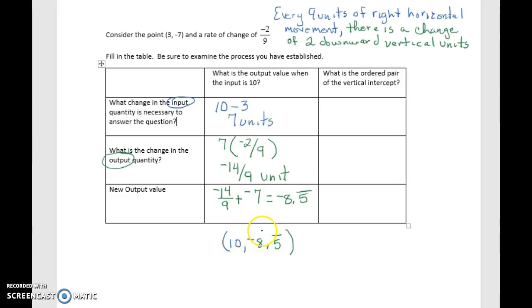If it helps, you could draw this out on a graph to see how that change is actually taking place. We also want to look at the ordered pair of the vertical intercept. One thing we have to remember is that the vertical intercept is always 0, some value.